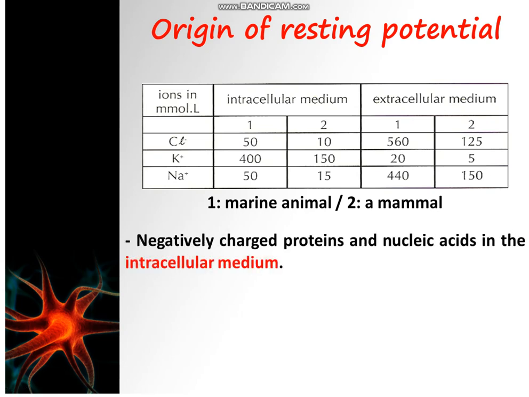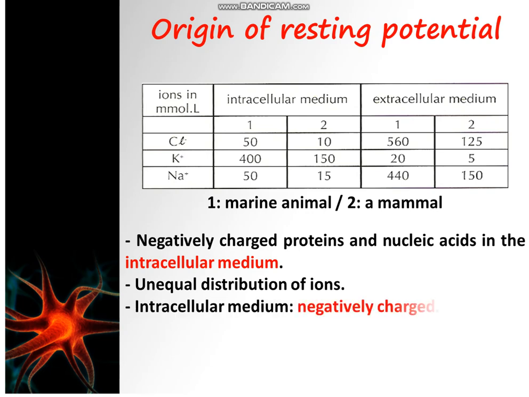Plus, there are proteins and nucleic acids, DNA and RNA, that are negatively charged in the intracellular medium. Overall, there is an unequal distribution of ions between the two media. This leads to the presence of a negative charge in the intracellular medium and a positive charge in the extracellular medium.